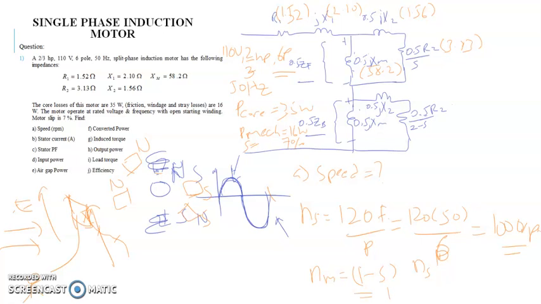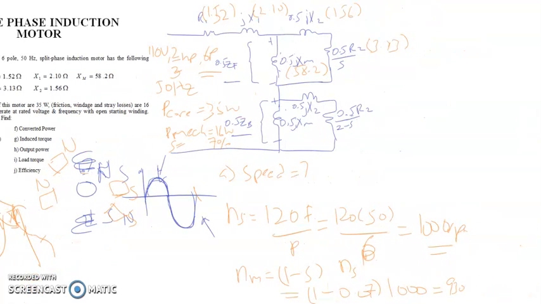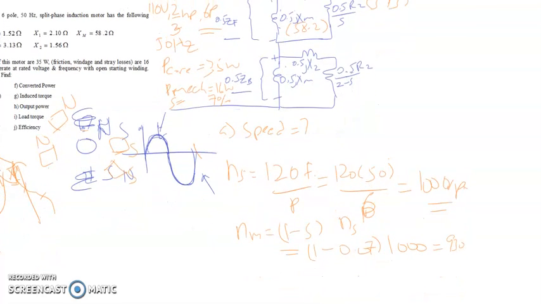So 1 minus 7%, which is 0.07 or 7/100, times 1000. So you will get 930 RPM of your mechanical speed. And so this is your mechanical speed or your shaft speed, and it will follow the electrical cycles or electrical frequency. So this is 930 rotations per minute. And so, settled for question number 1.